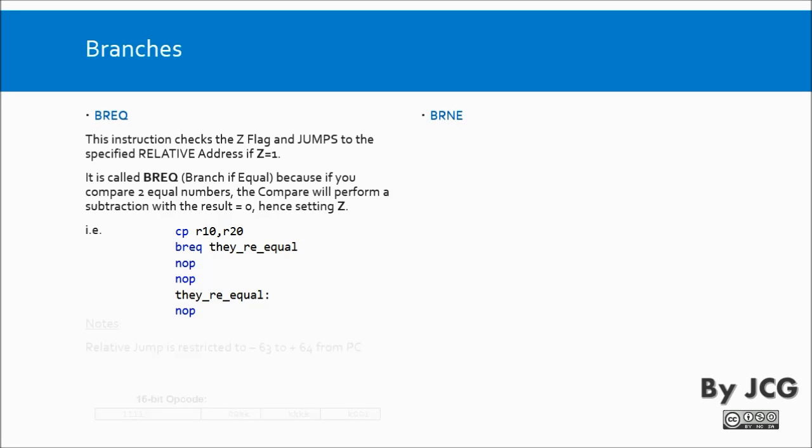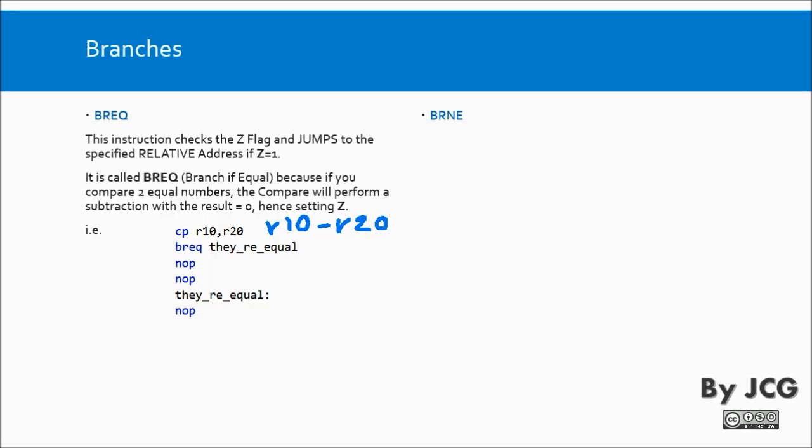Here's an example. We have a comparison of register 10 and register 20, and then we have branch if equal. We're saying branch if equal, and we're jumping to a label that says they're equal. Then we have some nops. So first, the comparison, remember, is going to say, okay, register 10 minus register 20 without modifying register 10.